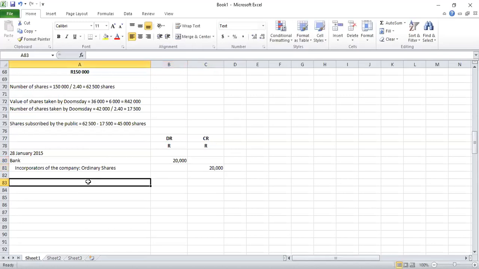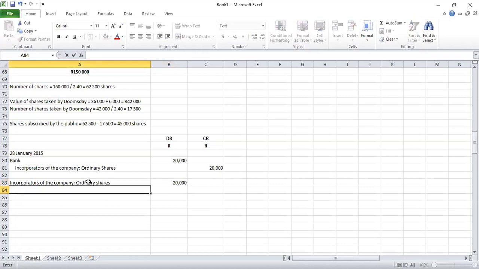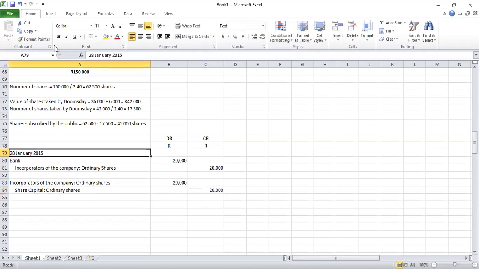Then when we issue them the shares, we debit, then we credit. So those will be our records on 28 January 2015.